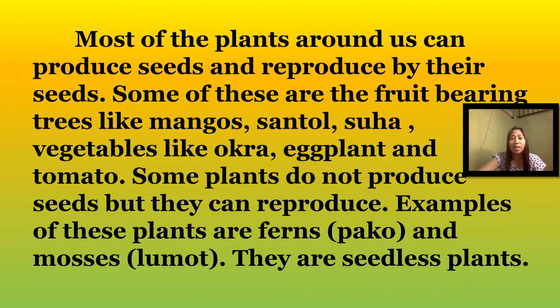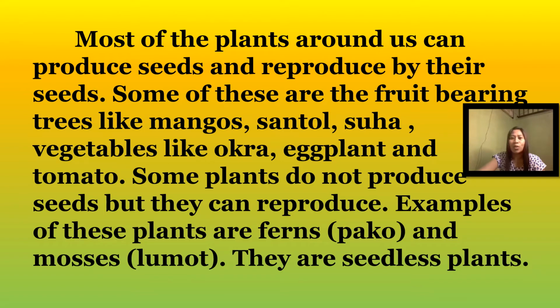Most of the plants that we see around us can produce seeds and reproduce by their own seeds. Some of these are fruit-bearing trees like mangoes, santol, suha, and the like. Will you kindly ask your mother what other plants have seeds that are used to reproduce their own kind?